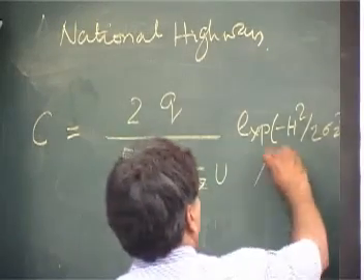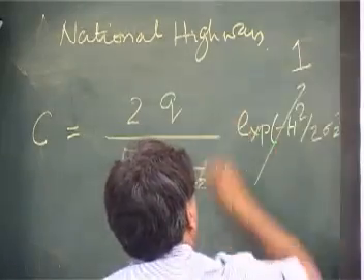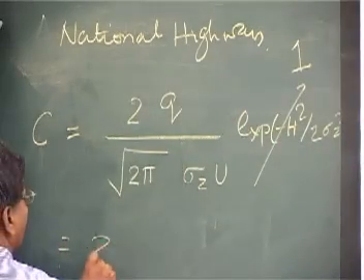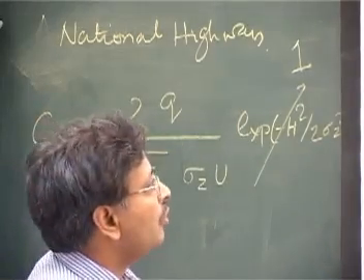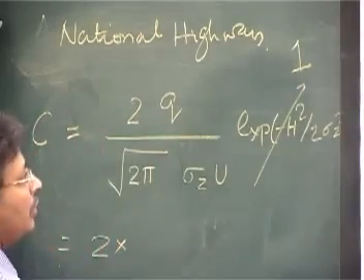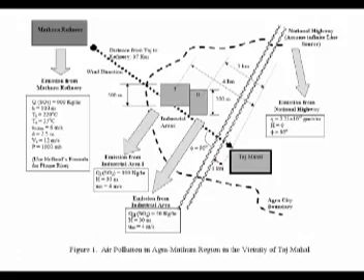This will be my 2 times, what is Q? 2.21 times 10 to the power minus 2.